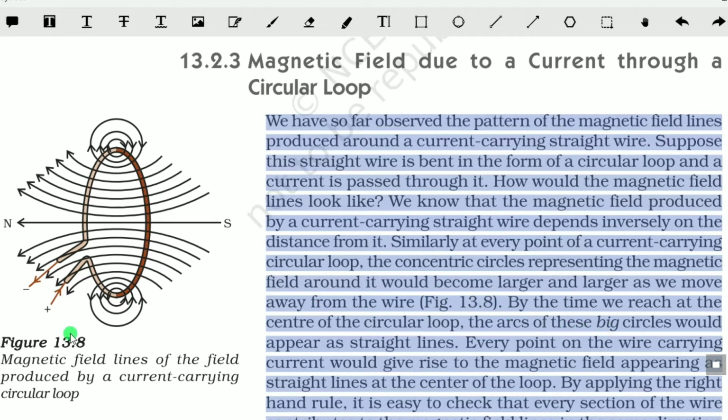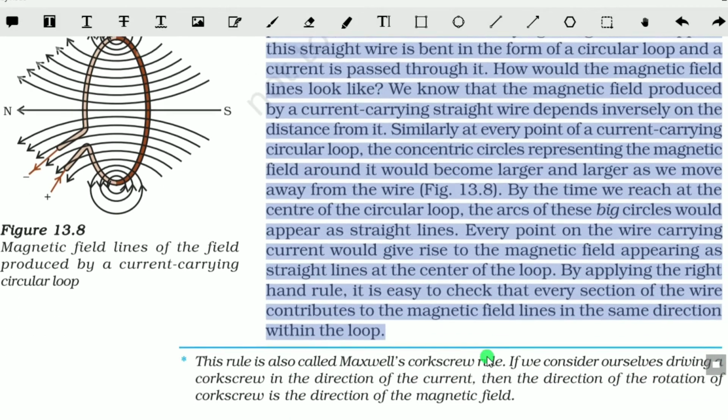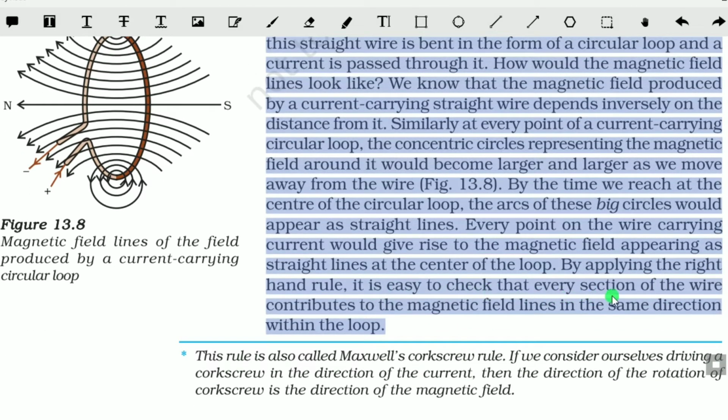By the time we reach the center of the circular loop, the arcs of these big circles would appear as straight lines. Every point on the wire carrying current would give rise to a magnetic field appearing as straight lines at the center of the loop. By applying the right-hand rule, it is easy to check that every section of the wire contributes to the magnetic field lines in the same direction within the loop.